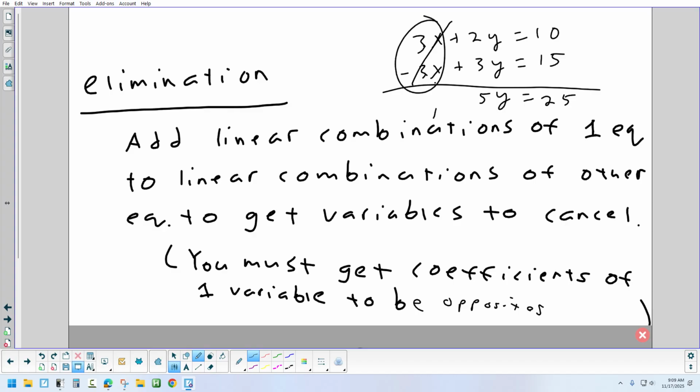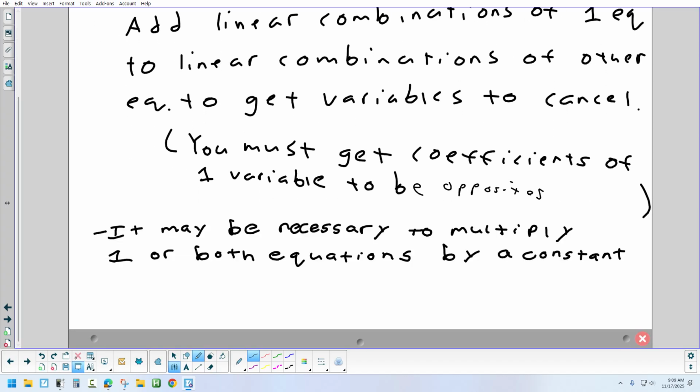But sometimes you don't have that right away, where one of them is a number with x and another one is the opposite of the number with x. Sometimes you need to make that happen first. So that's what we'll look at. It might be necessary to multiply either one of your equations or both of them by a constant first.